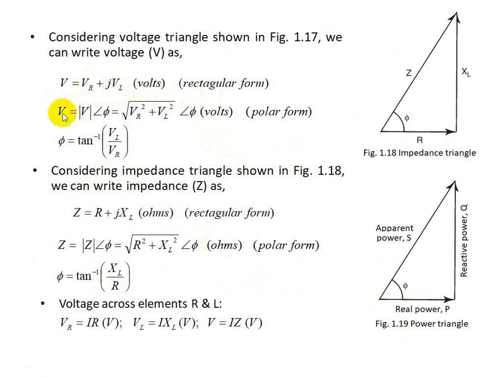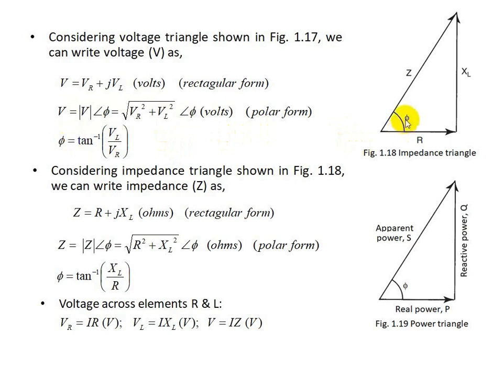In polar form, it can be written as V equal to the magnitude, which is the square root of VR square plus VL square, at an angle phi, where phi is the power factor angle. So in polar form we write magnitude at an angle. Phi is tan inverse of VL by VR.